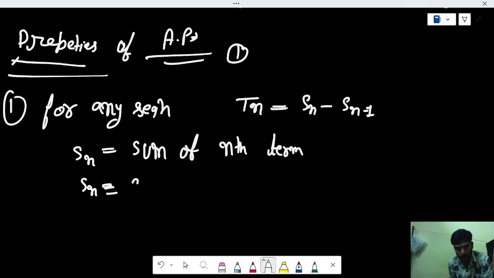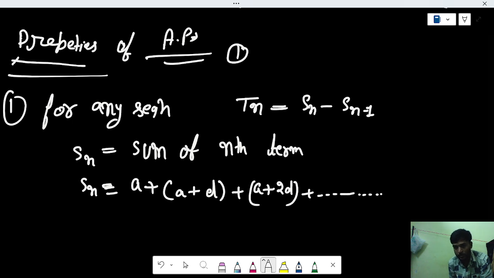We can write Sn equal to a plus a plus d plus a plus 2d and so on, up to a plus n minus 2 into d plus a plus n minus 1 into d.